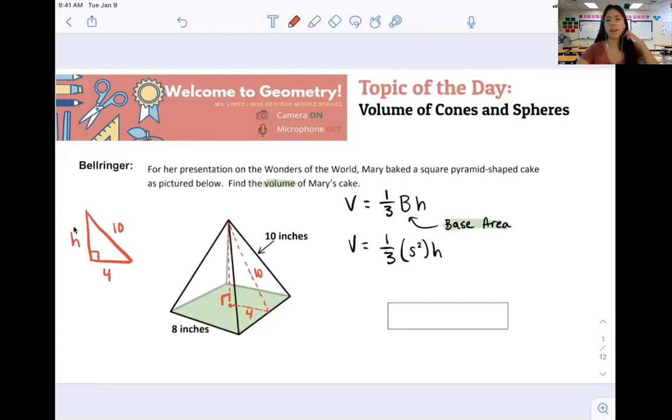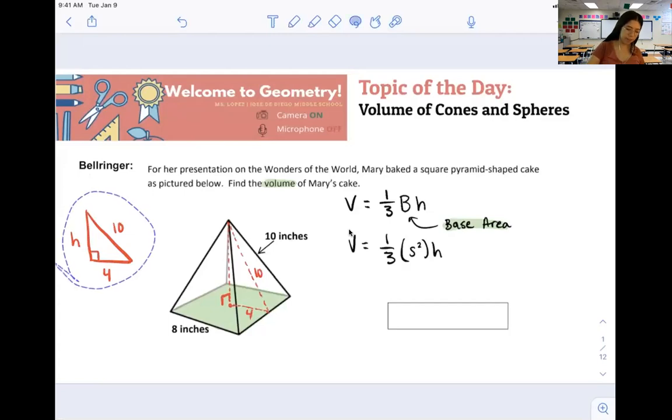How can I find the height? It's a right triangle. So what can I use to find the height? Good. We can use the Pythagorean theorem.